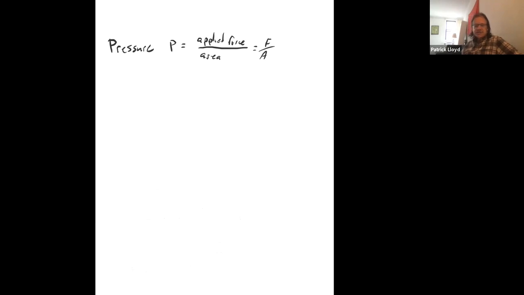Now, I'm not going to go into the details about what a force is. If something is accelerating and it has a mass, that generally means there's a force being applied to it, okay? But you can think of it in practical terms, right? So if you take a pencil and that pencil is pushed against the surface of a piece of paper, and you push down, there's a force that you're applying, right?